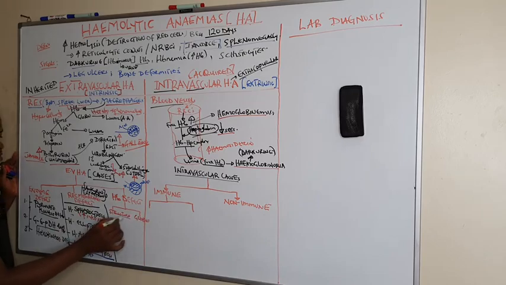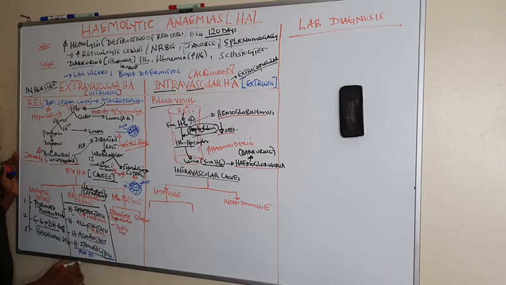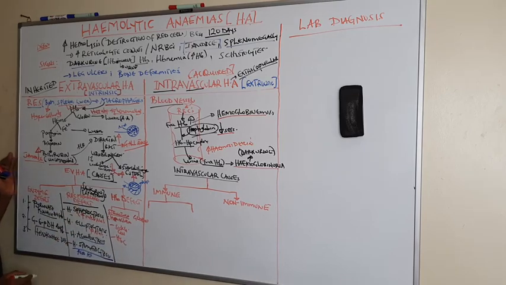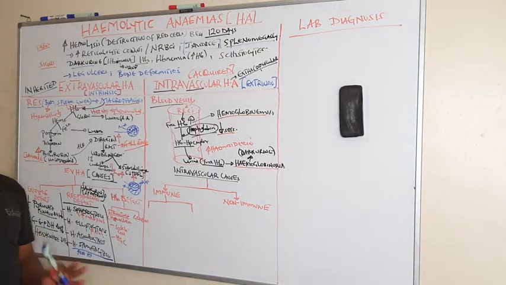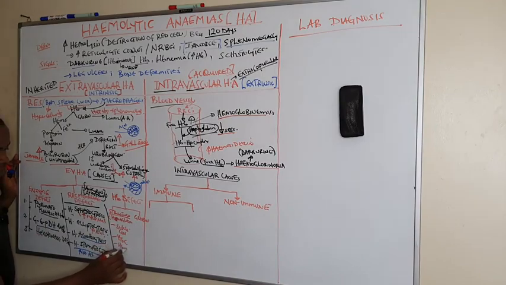Among the hemoglobinopathies, we can see sickle cell anemia, hemoglobin C crystals and so forth. So hemoglobinopathies, HbM, can fall under here.